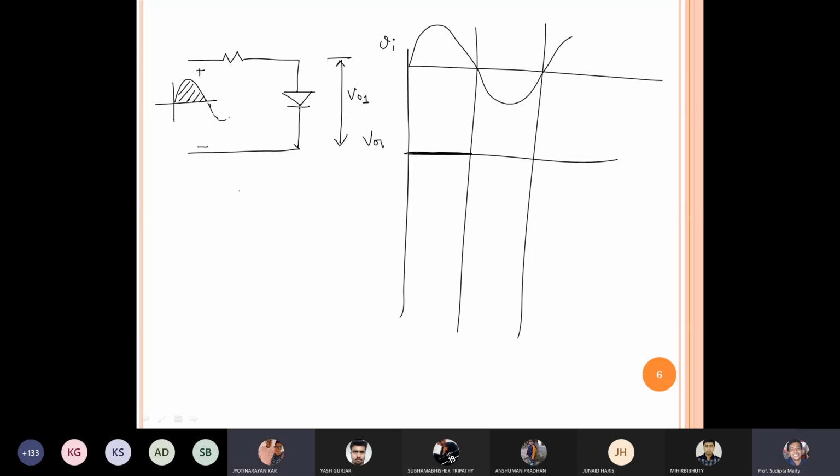Now, sir, in this circuit, if I place some kind of voltage over here, suppose plus minus Va. It is my Vi and it is my positive half cycle again as it is. So what will be my output voltage?